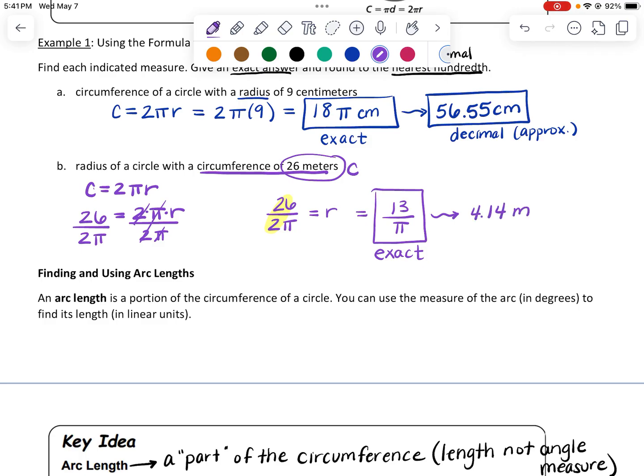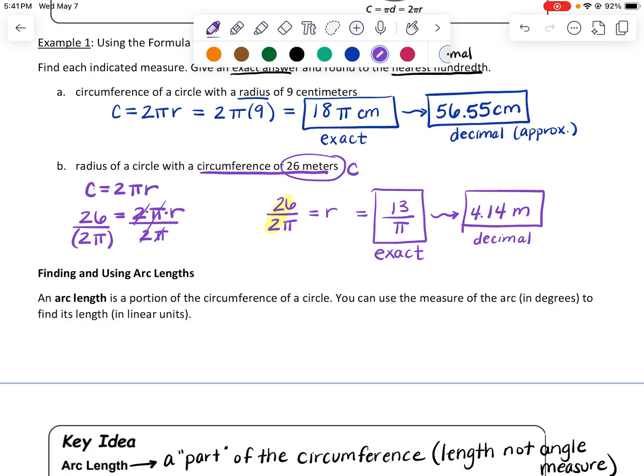And again, meters is our unit. That's the decimal answer. If you were going to divide from the beginning, make sure you group your 2 pi so that you're dividing by 2 pi as a collective.